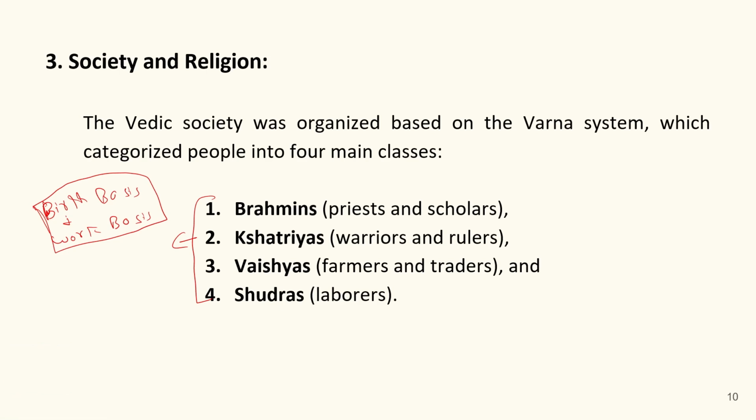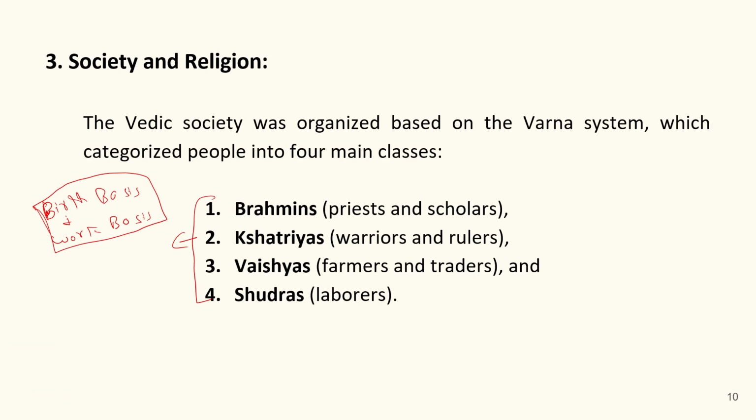In the early time period, there was no system based on birth. If a person is doing scholarship, he is a Brahmin. His mother is working in farmland, then she will be a Vaishya. If his father is working in administration, he will be called a Kshatriya. And if his or her brother is doing a laboring job, then we'll call him a Shudra.